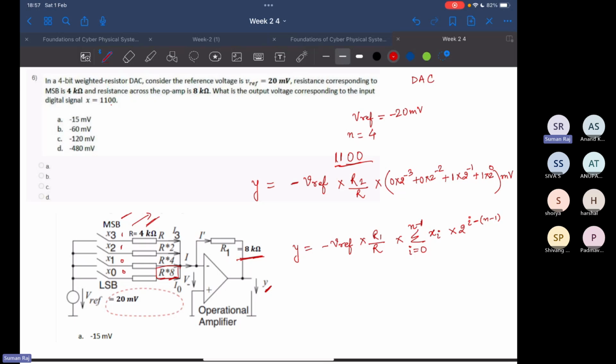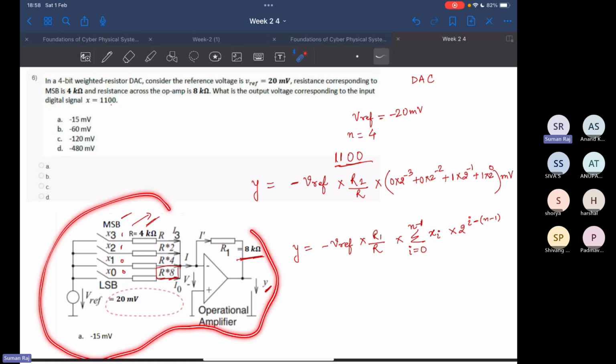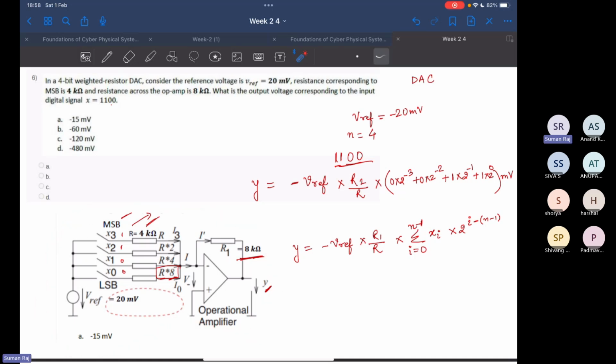I think the formula is explained in the lectures. Probably over there also it is not derived mathematically, but this entire approach as to how this converter works, and also how you come up with these resistors and how this op amp actually works, those things are there. Which is R1 and which is R?